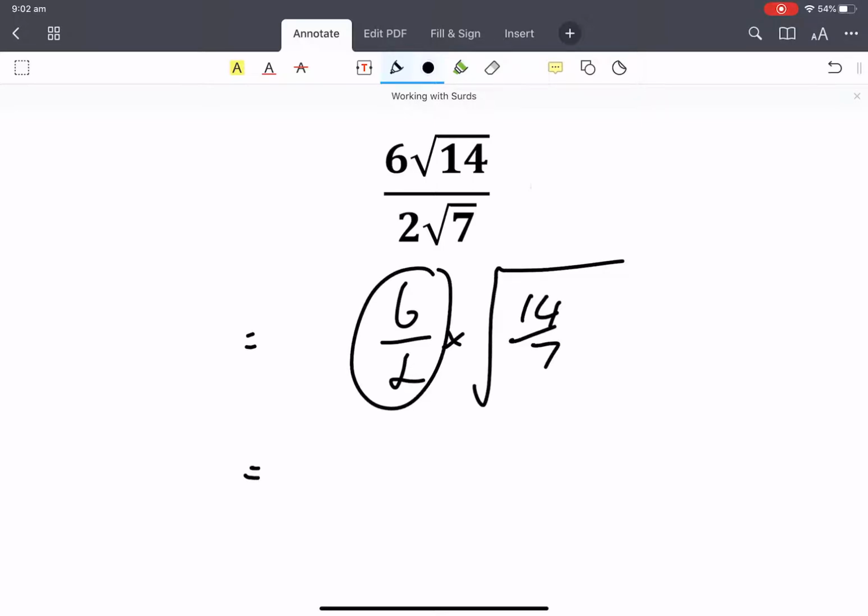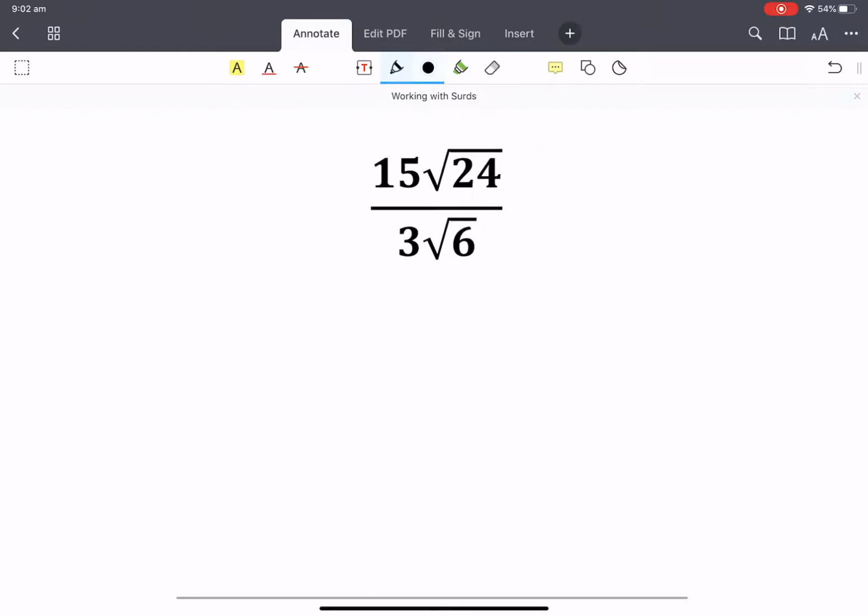Well, 6 on 2 simplifies to 3, and 14 on 7 simplifies to 2. So 3 root 2.